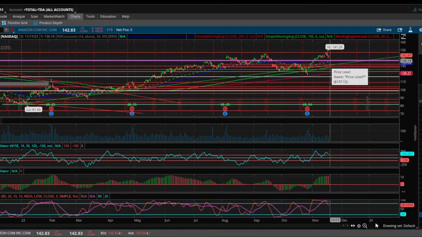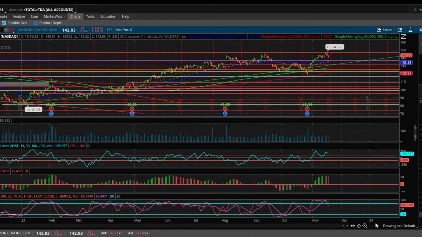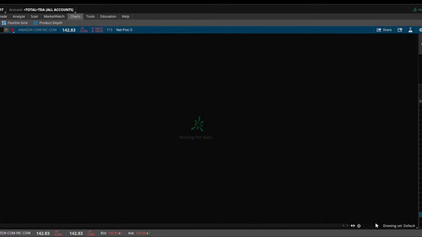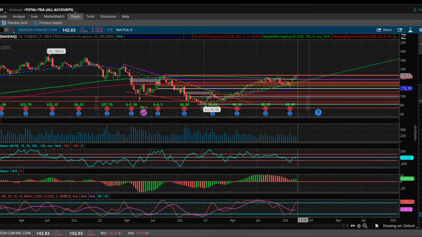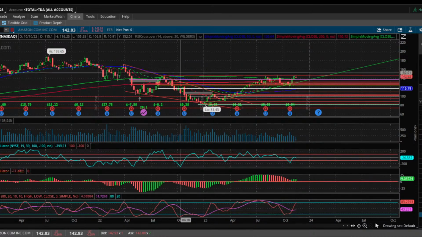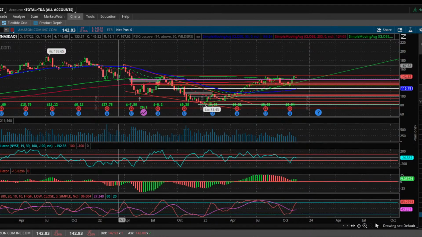So if we get to 136 and change, and they get ready for it to make a new high on Amazon, I cannot honestly give you what the next high is going to be. As a crazy thing, it can shoot up all the way to 167. It's possible, for the end of the year or so, to rip up to 165, 166. It could definitely happen.